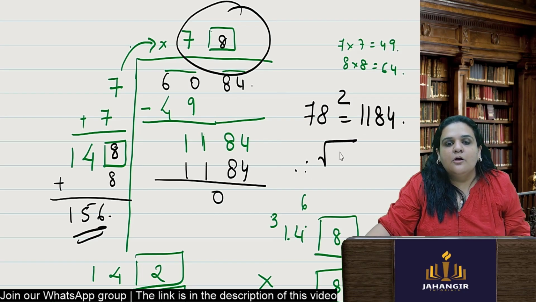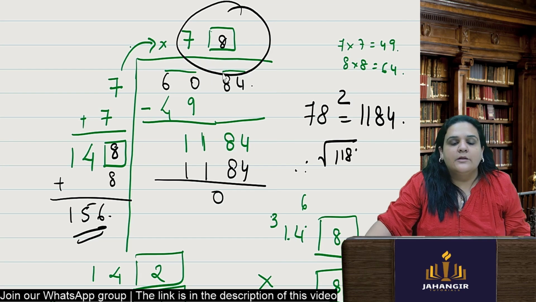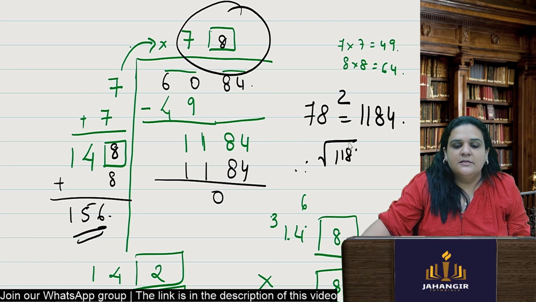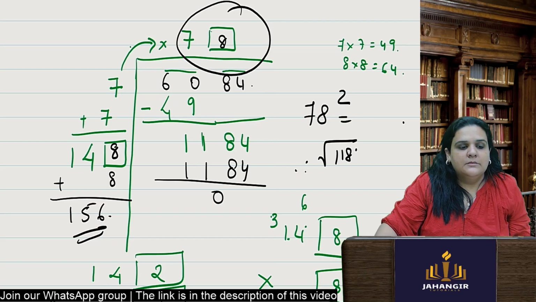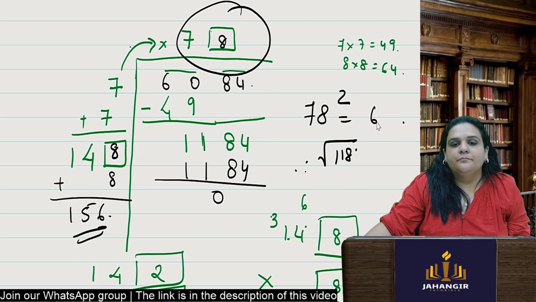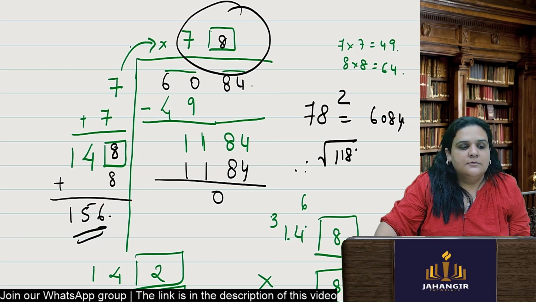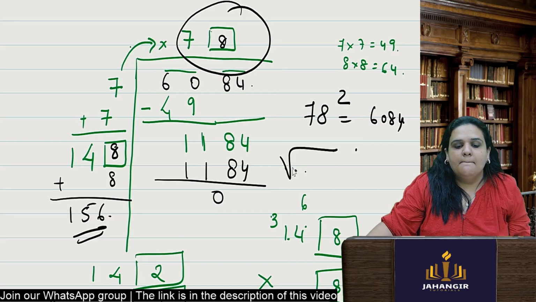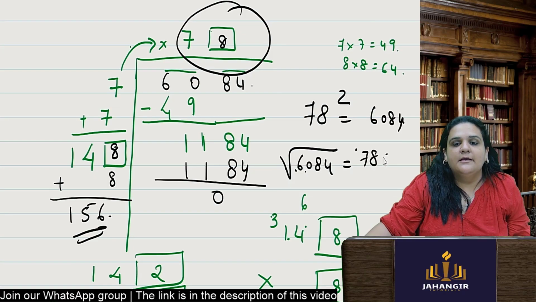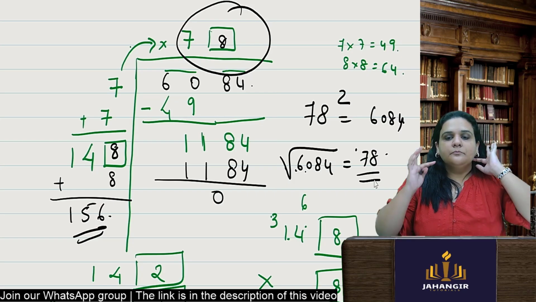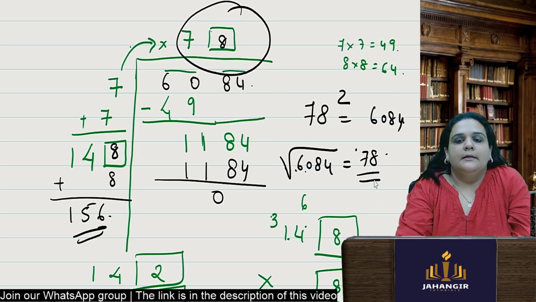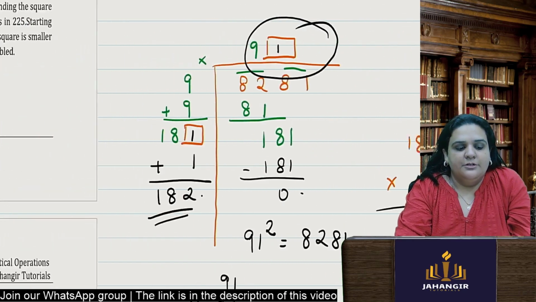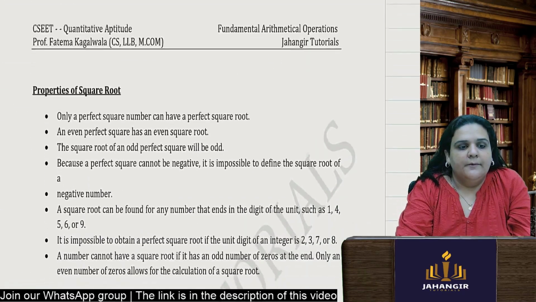Therefore, the square root of 6084 is nothing but 78. Clear? Long division method. Okay.